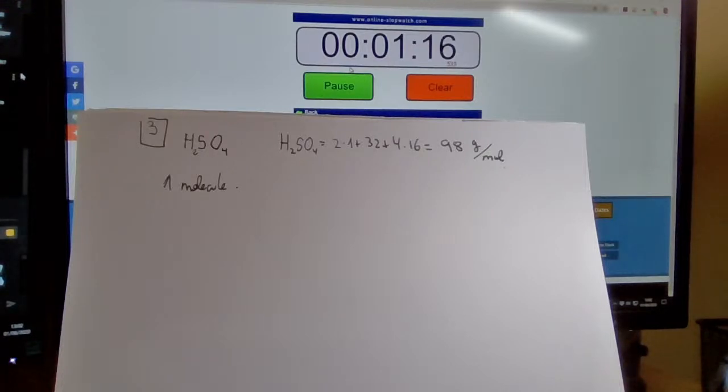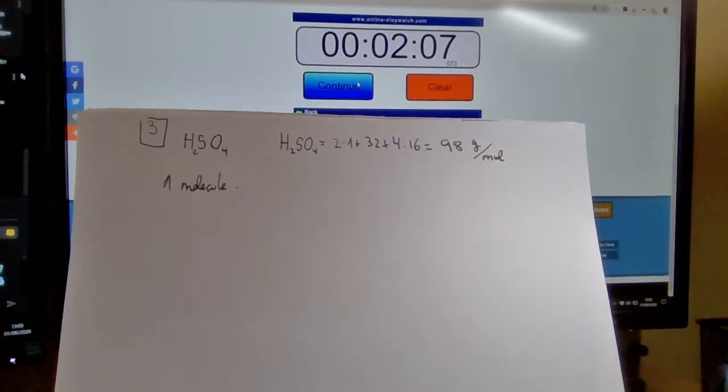We know that the molecular mass is 98 U, 98 atomic mass units, but we want to calculate the mass in grams. From molecules, time is almost done.